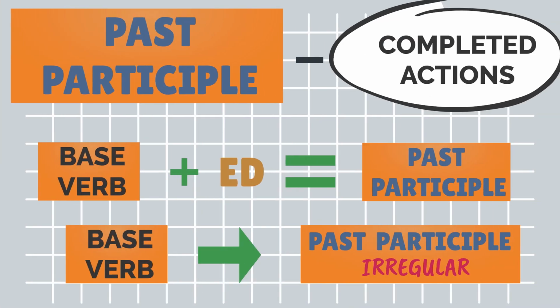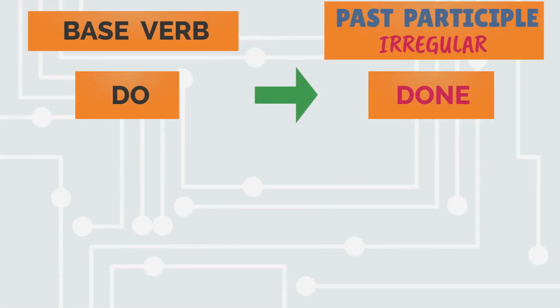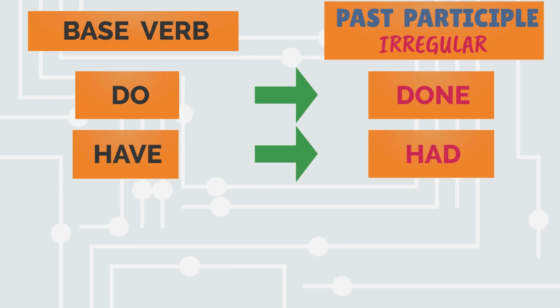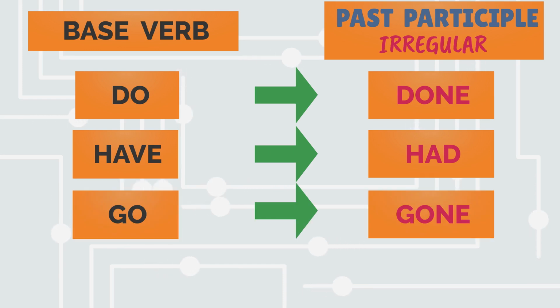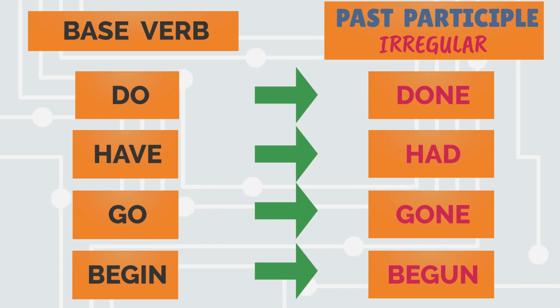But some verbs are irregular in the past participle. Do, done. Have, had. Go, gone. Begin, begun.